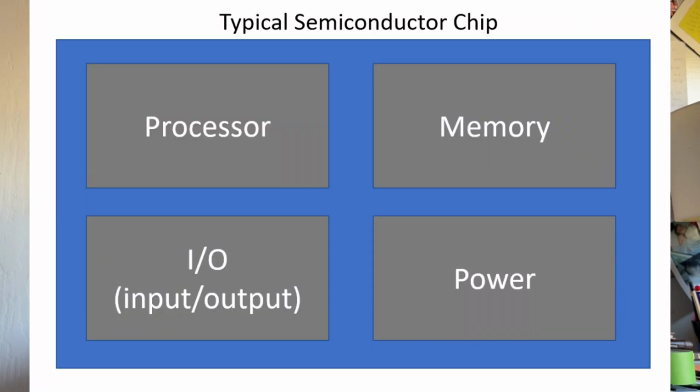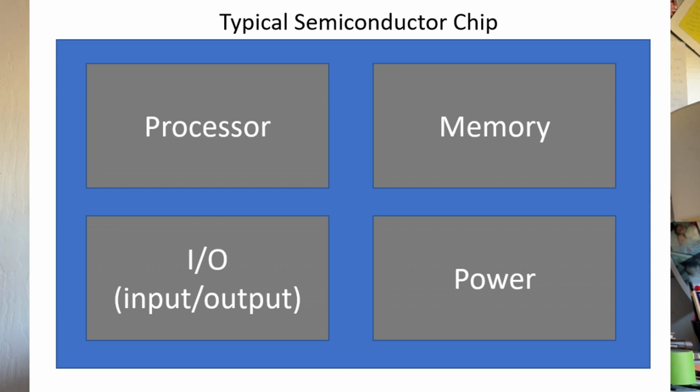When we're talking about chips, microchips, also known as semiconductor devices, they mainly have four key components. And again, this is simplified, so if you're a chip design expert, you can certainly put comments below.